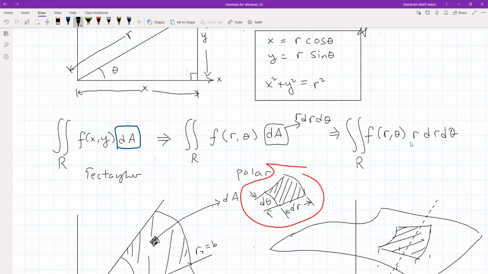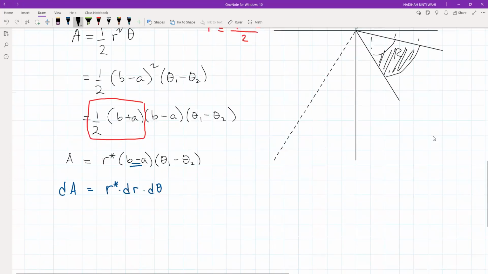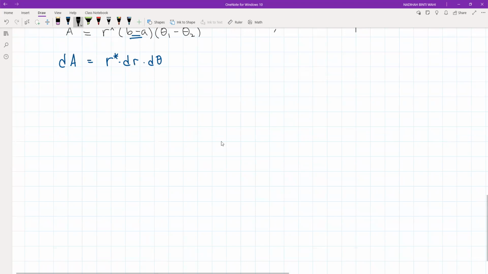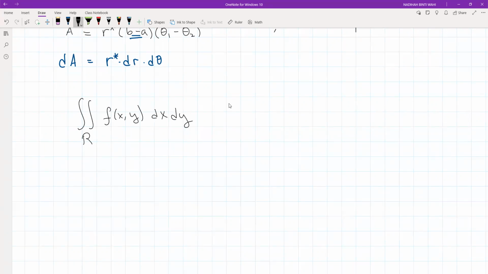Okay, if you remember from last time, we have the integral over R of f(x,y) dx dy, and this is equal, from Fubini's theorem, to the integral over R of f(x,y) dy dx. Sebab apa?